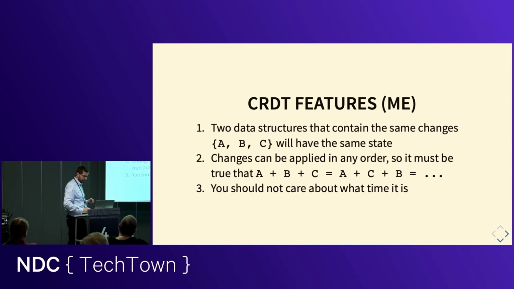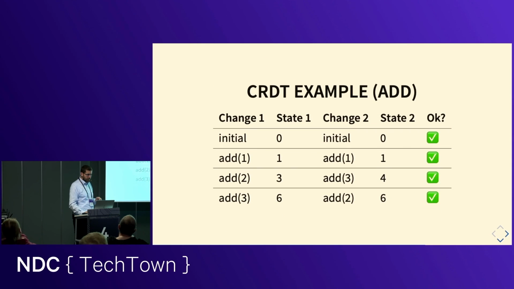And then I thought I'd do a couple of quick examples. If you have a simple thing that does add, you have a number, you're always adding. So if you add 1, you both get 1. You add 2 and you add 3, you get different states, but that's okay because you've added different information.